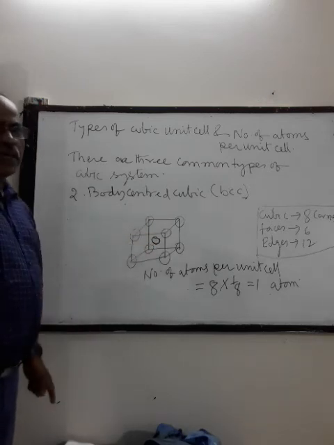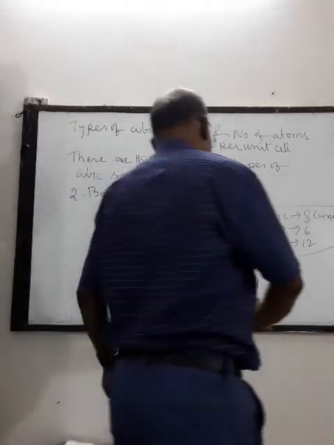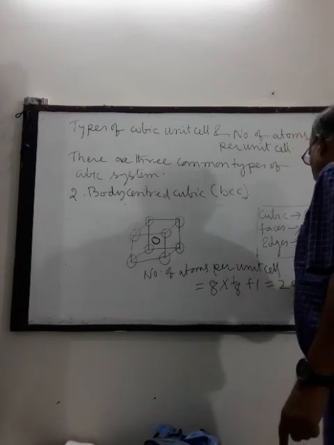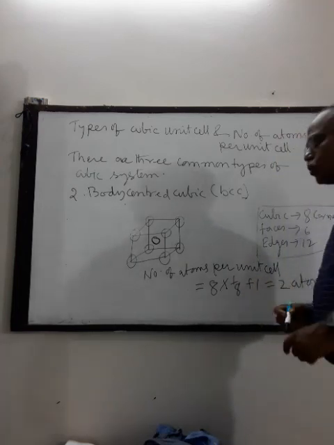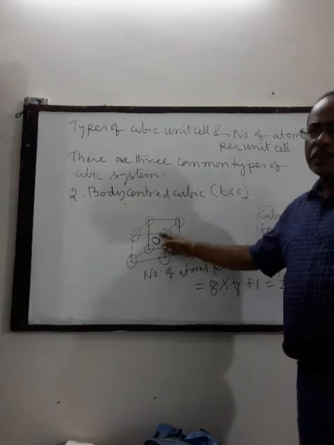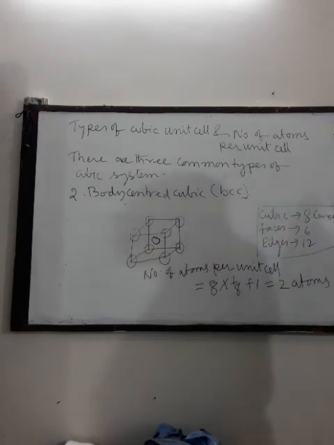It is not shared by other unit cells. So number of atoms per unit cell is 8 into 1/8 plus 1 atom present at the center, which is not shared, equal to 2.